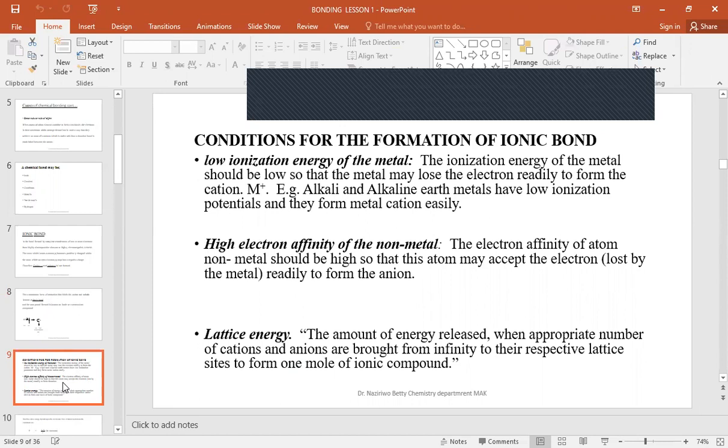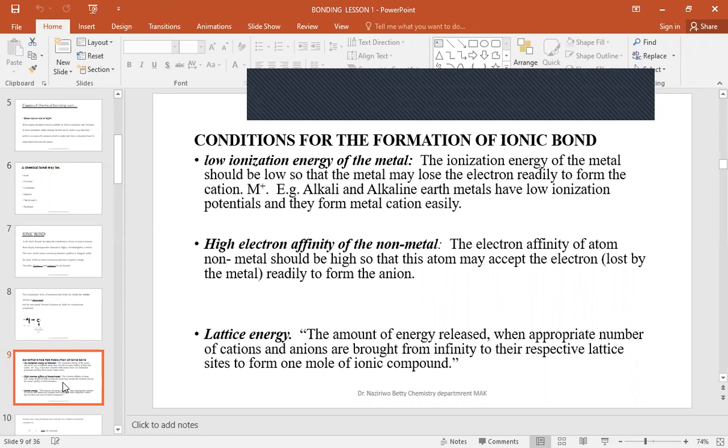The electron affinity of a nonmetal must be high. The nonmetal must be able to acquire the donated electron from the metal. So the electron affinity for the nonmetal must be high. The last one is the lattice energy.